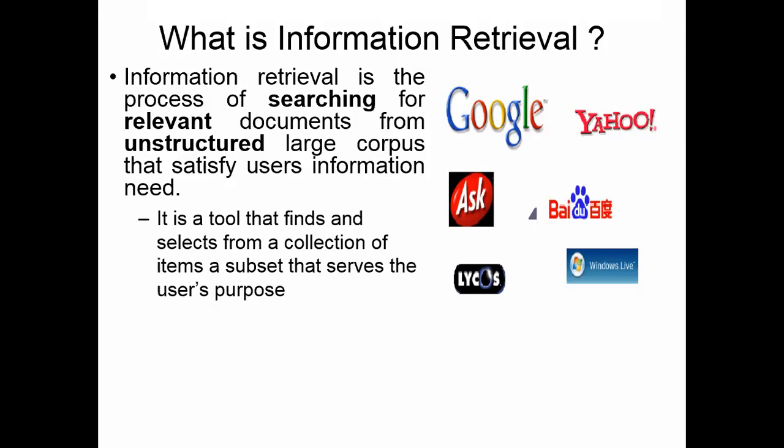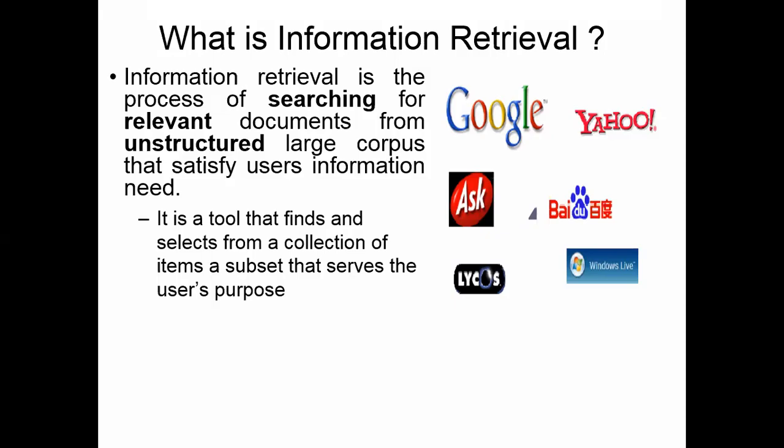So what is information retrieval? Information retrieval is basically searching for relevant documents from an unstructured large corpus that satisfy users' information need. The process of searching for relevant documents from what and what?